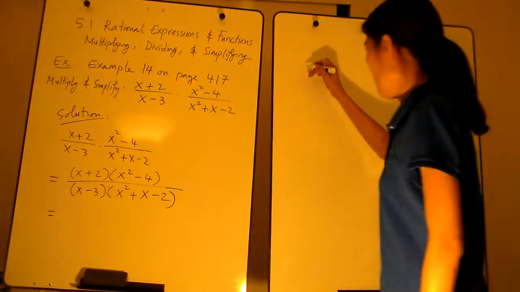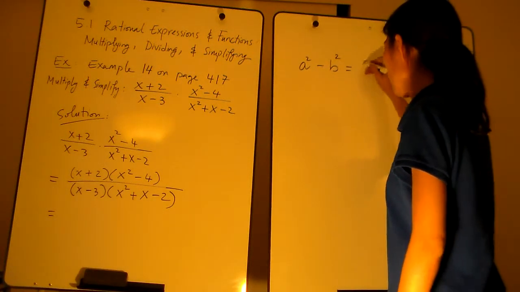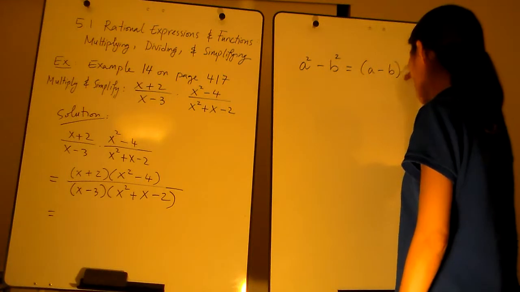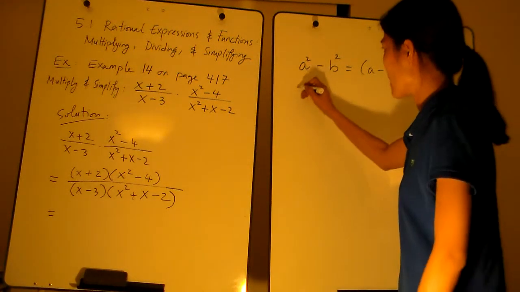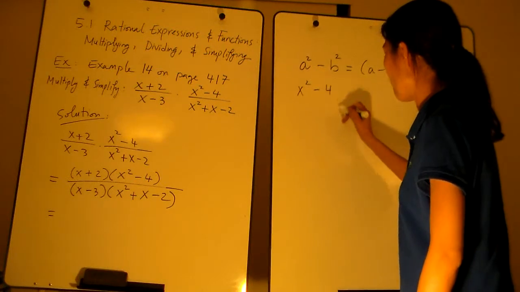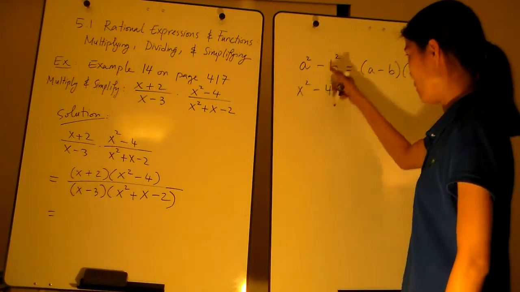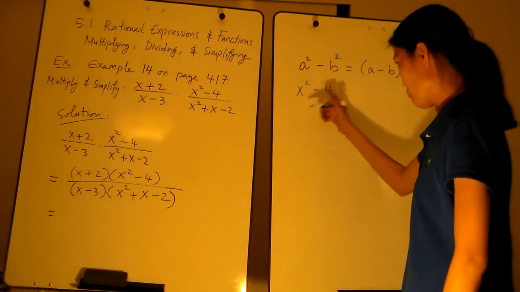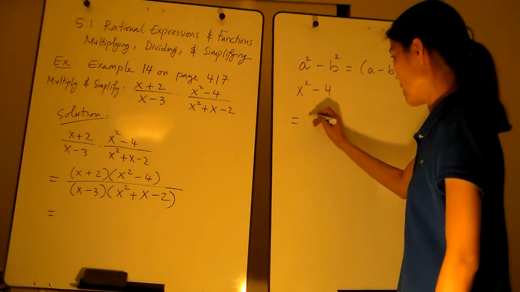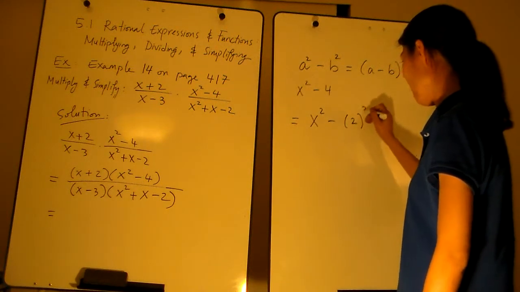Now, this is review, okay? a squared minus b squared is equal to a minus b times a plus b. What you got is x squared minus 4, okay? If you rewrite this in this form, where you have a squared minus b squared, do you see that x squared minus 4 can be rewritten as x squared minus 2 squared?